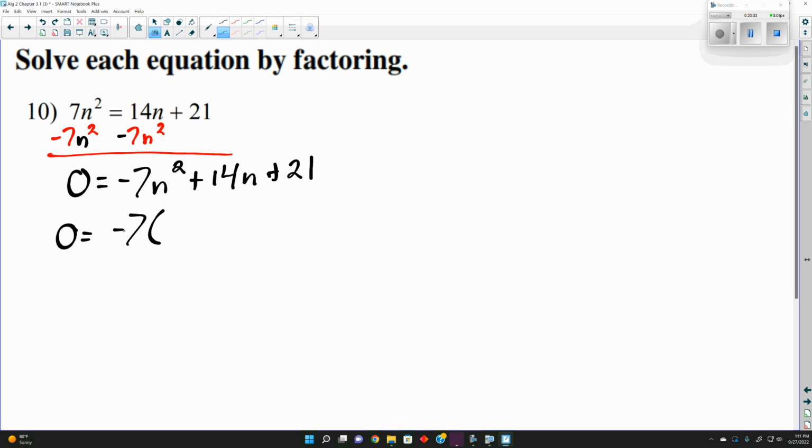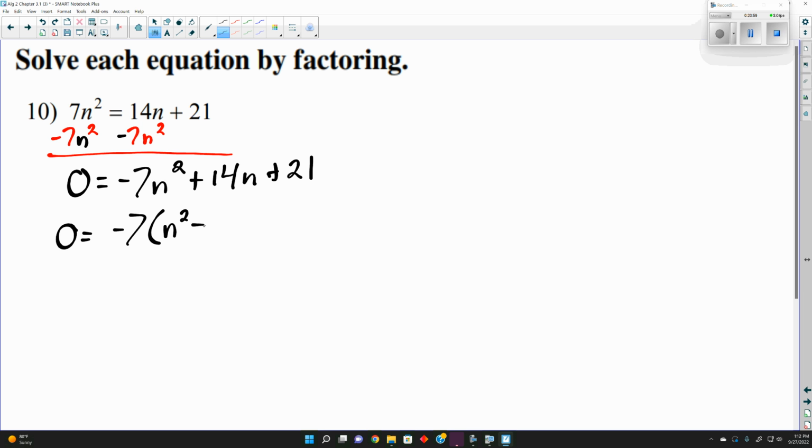I would take the negative with it, because I try to keep the number in front of the squared term, the biggest power, positive if I can. Because if we factor negative 7 out of negative 7n squared, we get n squared. Now, if we factor a negative out of positive 14, it's going to make it negative.